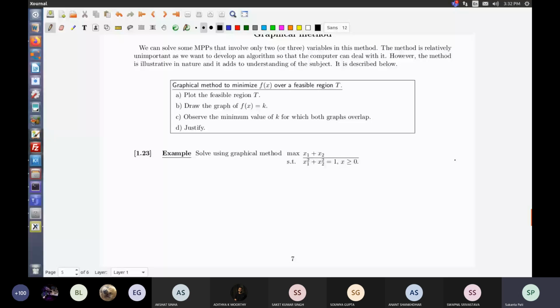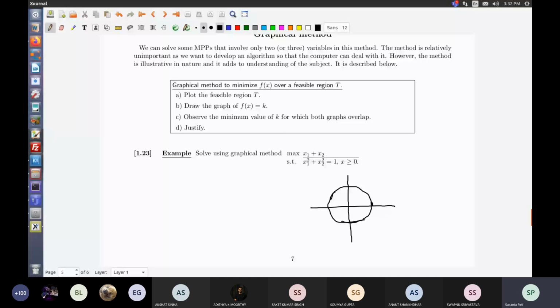This is x1 squared plus x2 squared equal to 1, which is a circle, just the points on the circle. And it says x greater than or equal to 0, so this is the upper part of the circle.